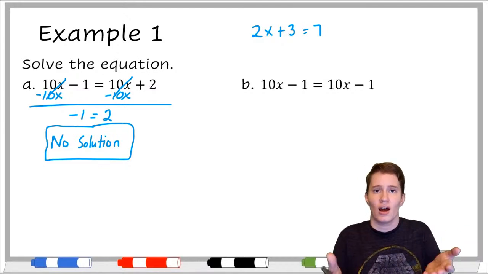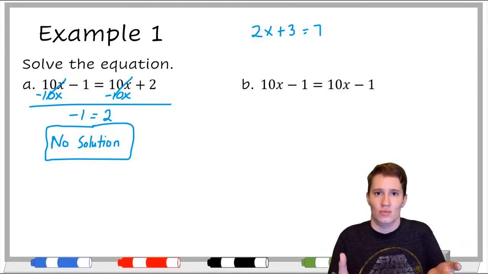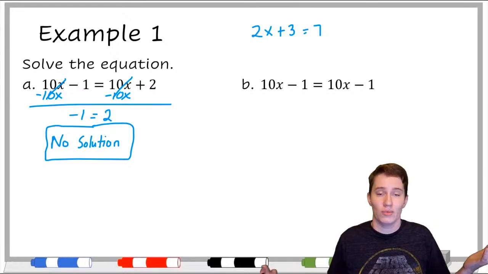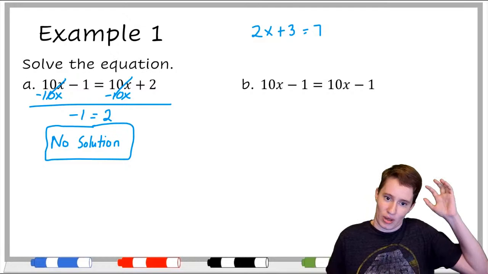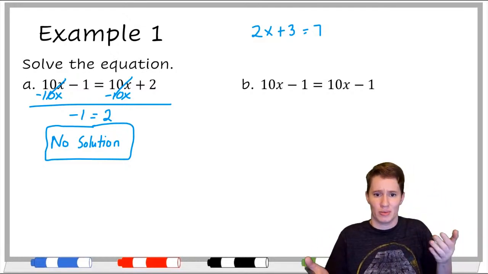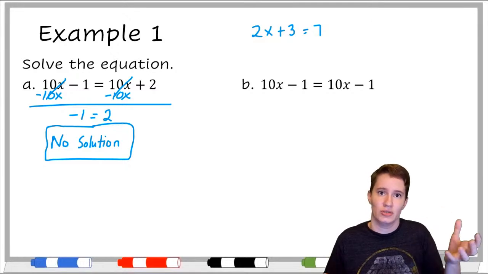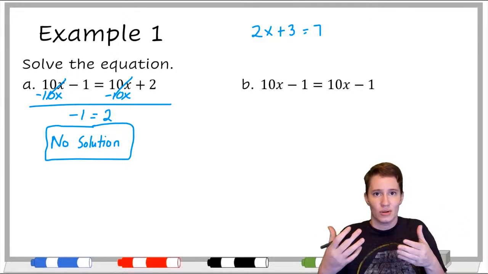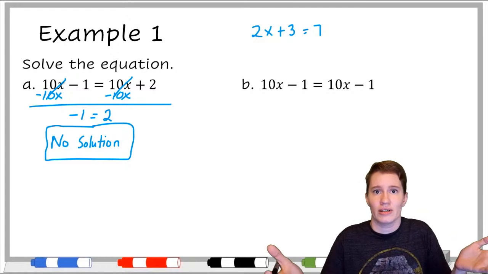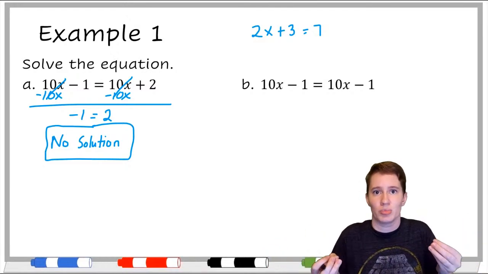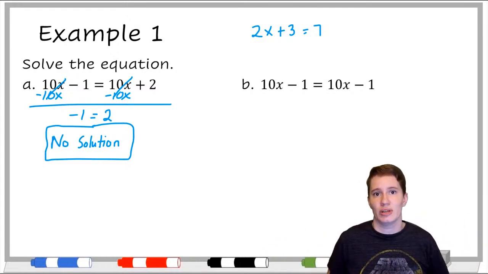Is it obvious that those are equal? Well, I would argue no. We have to do some figuring out. You may be able to figure it out in your head, I'm not saying you can't, but it takes a little more effort to see how you can make 2x plus 3 equal 7. It's by choosing a certain value for x. Well, on B here, they're already equal. So you can literally put in anything you want and have it be an answer.